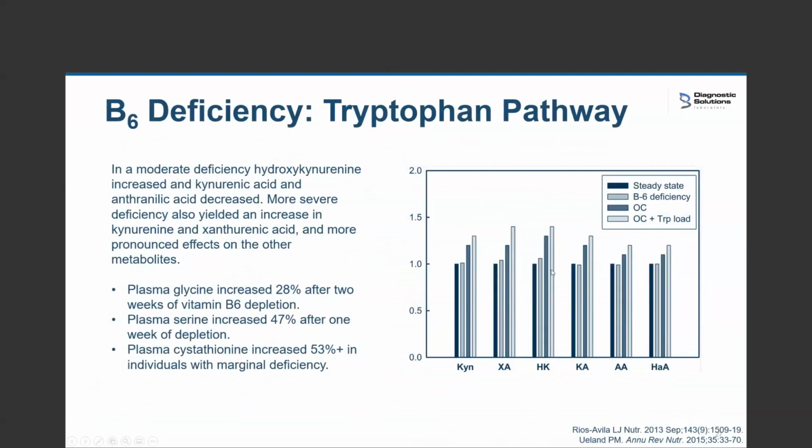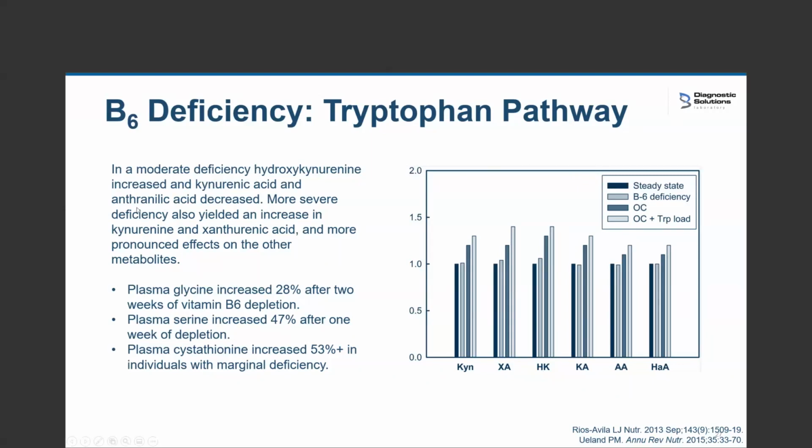This marker here is looking at a steady state, a plain B6 deficiency, and then oral contraceptives with the load. So as mentioned in this study, if you get a moderate deficiency, hydroxykynurenine, which is HK, will increase. It's also 3-HK, the same as that.